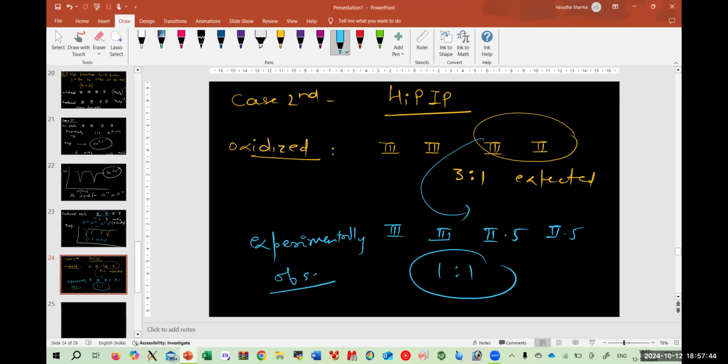Alright, and the delta values are 0.29 and 0.88 for Fe3+ and Fe 2.5, and delta EQ is 0.40 and 1.03. This is for Fe3+, this is for Fe 2.5.